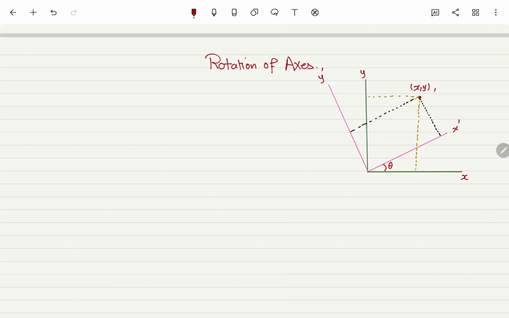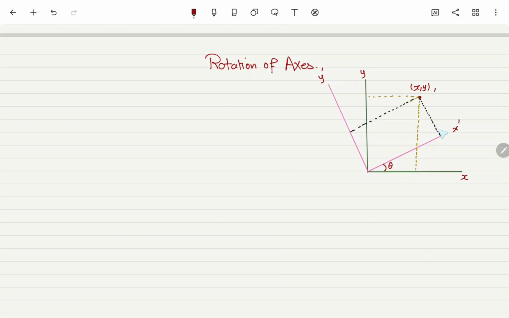Now the original point is x and y, which has an intercept on the x axis and an intercept on the y axis. What is going to happen to this point in terms of the new coordinates x prime and y prime?